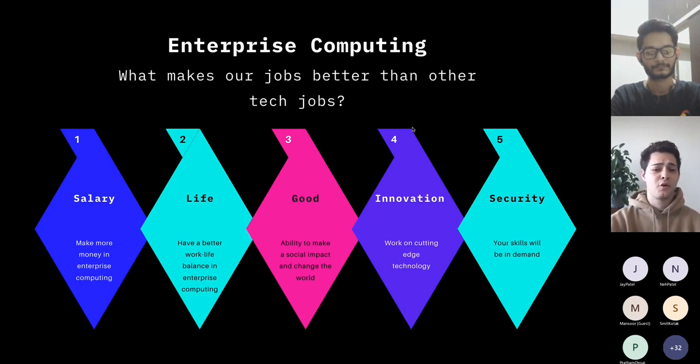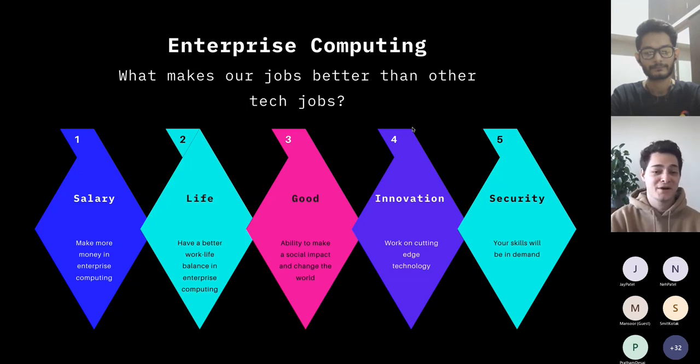So let's get into why you might want to explore enterprise computing as a career path. These are 5 points as to why I would get involved with IBM Z if I were in college and looking into career options for the future. First and foremost, everyone wants to have a good salary.